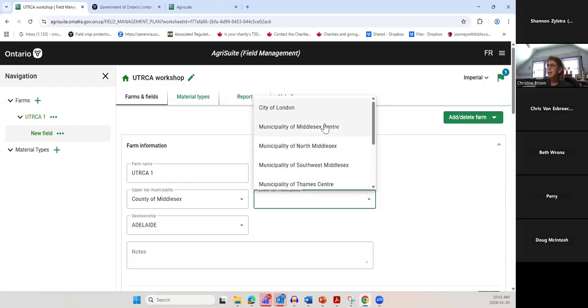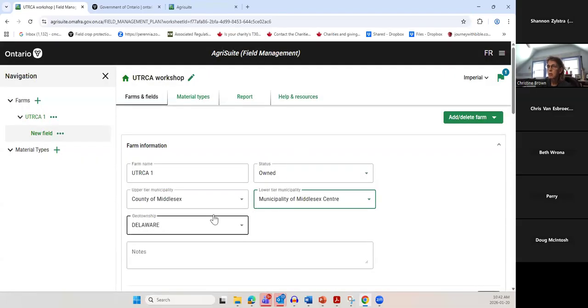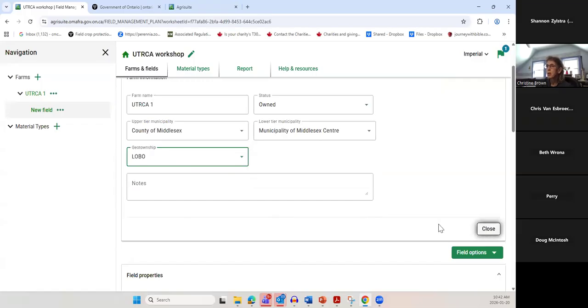And we're going to say that it is in Middlesex Center. And then just, I'm making this up. I don't have the plan actually. So I've got that in place. I can put any kind of notes in if I wanted to. It's there for reference sake.